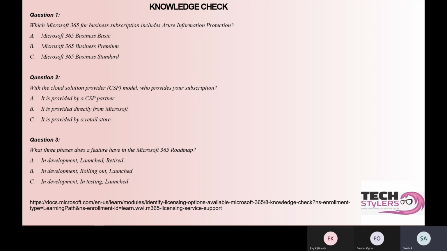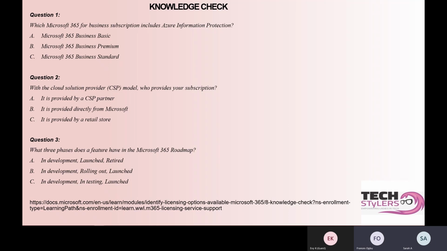Yes, you're correct. It's provided by a CSP partner. And remember I said if you want it directly from Microsoft, you buy directly yourself from the admin portal. But if you go through a CSP, although it's Microsoft 365, they will buy it on your behalf and they will be the one in charge of it. But if you want to buy it directly from Microsoft, you use the admin portal.